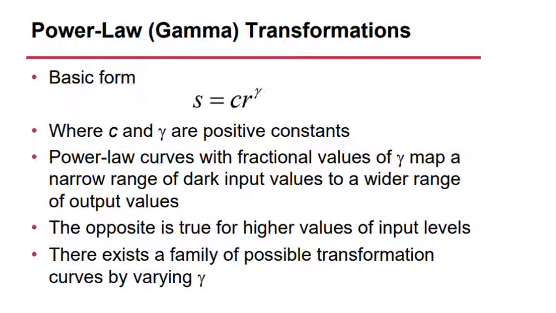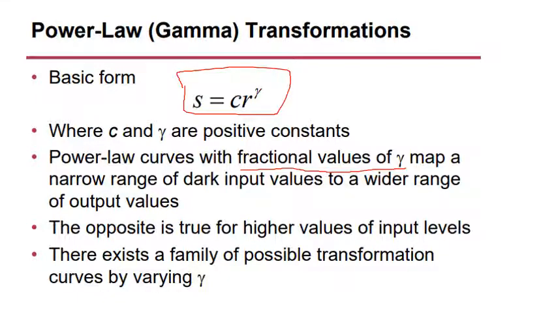The next kind of transformation is the power law transformation or the gamma transformation. Here the equation is of the form S is equal to C into R power gamma. C and gamma are positive constants. So what happens here? Power law occurs with fractional values of gamma.